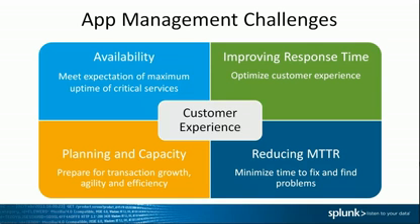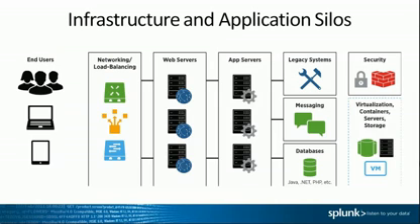So these are by no means new problems to solve, and the question might be, why haven't we solved these problems already? Well, the answer is that today's application environments are extremely complex and only getting more complex as we move forward. Silos complicate the way that applications are delivered and supported. Applications or business services typically span multiple components that are provided by different vendors.